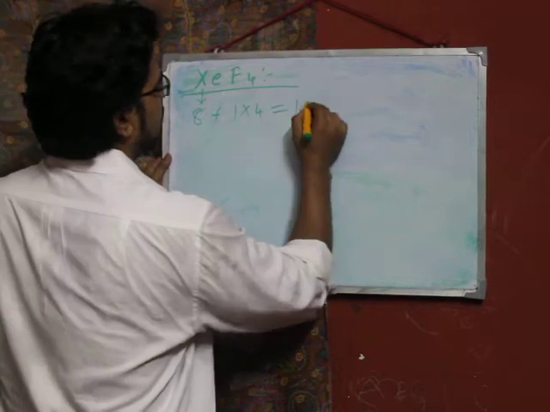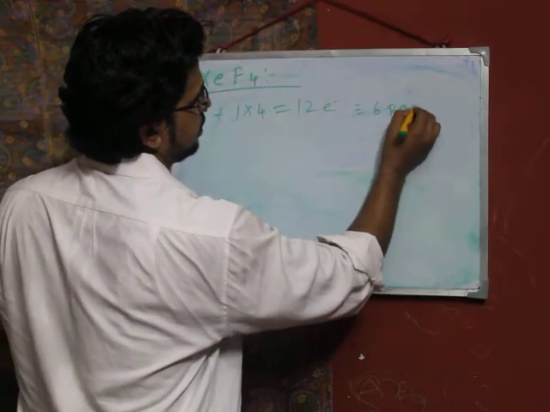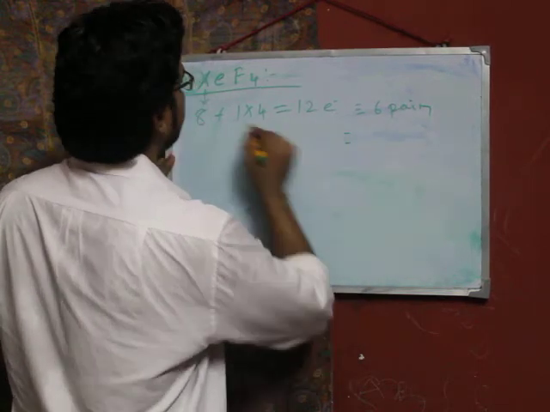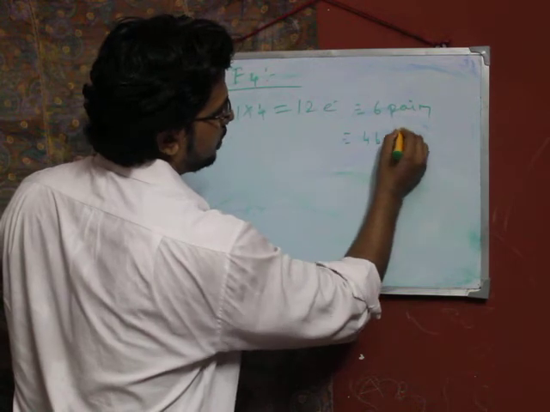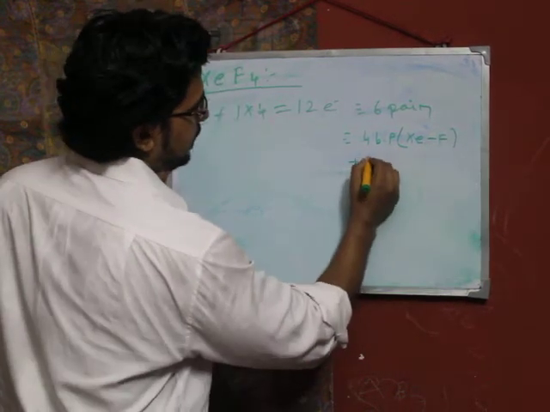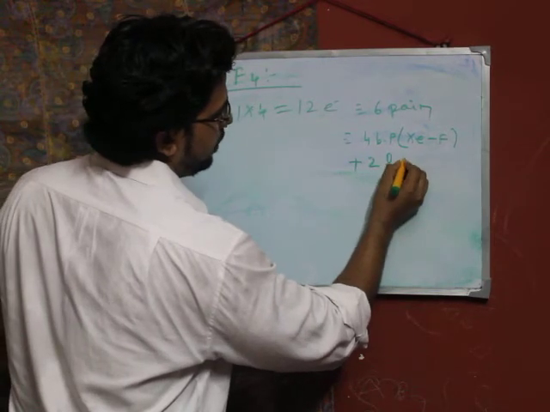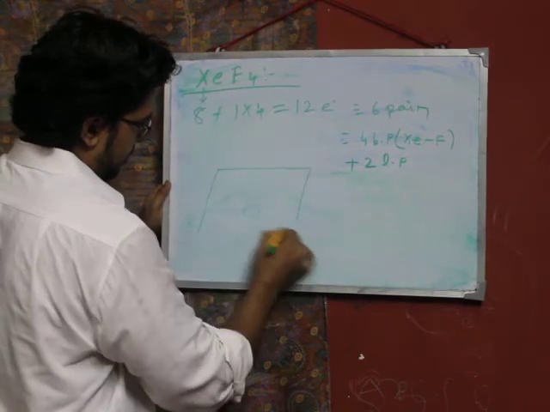Total is 12 electrons, which equals 6 pairs. 6 pairs is equal to 4 Xe-F bond pairs plus the remaining 2 lone pairs. Now, where is the lone pair situated?